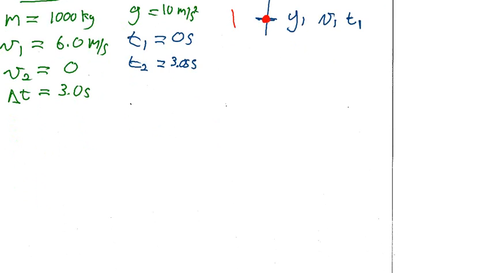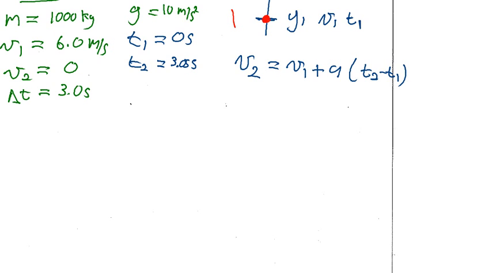So we would write that down as v2 equals v1 plus the acceleration times t2 minus t1. And the only quantity that we don't know in that expression is the acceleration.